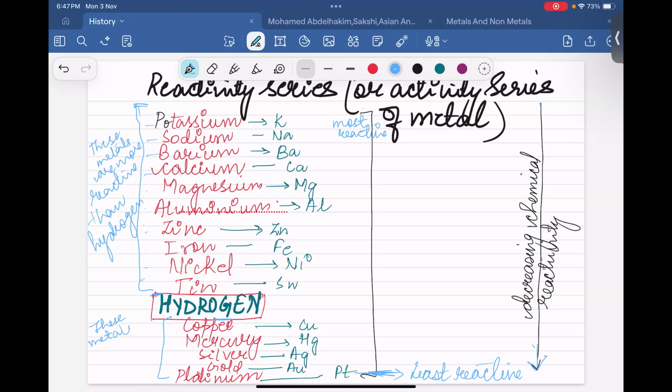Write it below: hydrogen metals. These metals are very less reactive than hydrogen.